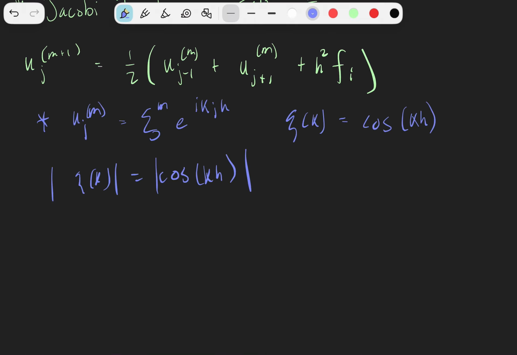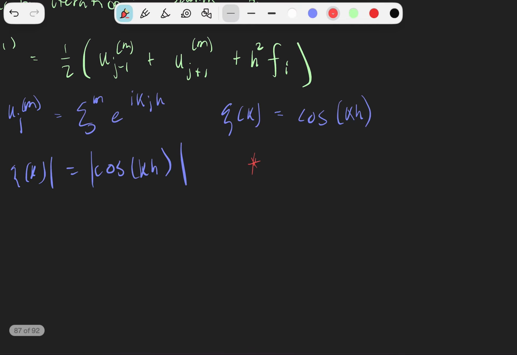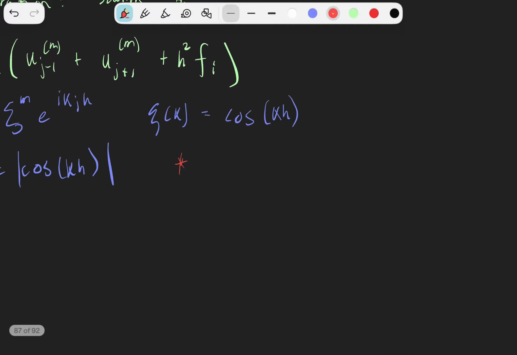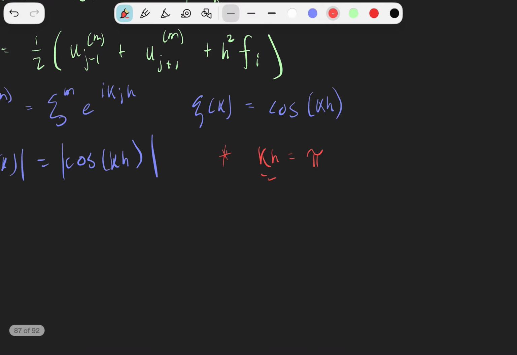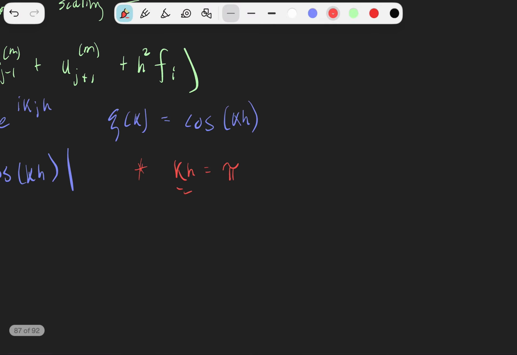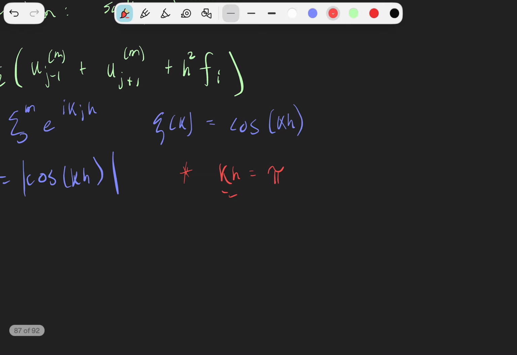And the amplification, really, we're going to be able to classify frequencies with this. Because near the Nyquist limit, if you remember how we defined this, whenever this equals pi, if you just plug it into the amplification factor, the cosine of pi is -1, right?